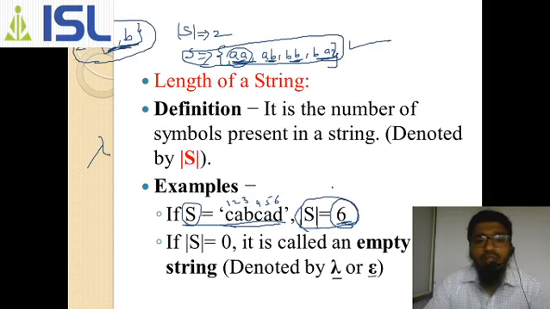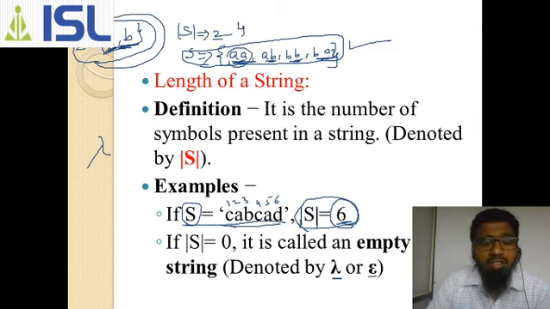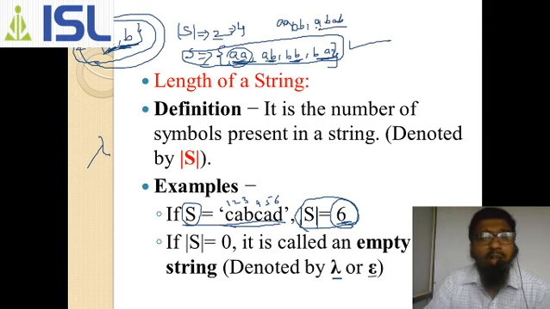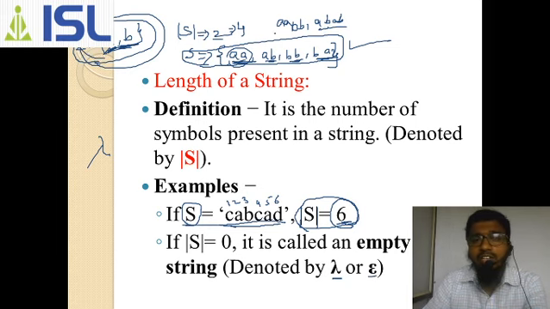So if you want length 2, you can make it like this. If the length is 4 for the given symbols, you can make AABB as one possibility, or ABAB. The length of the string is 4.